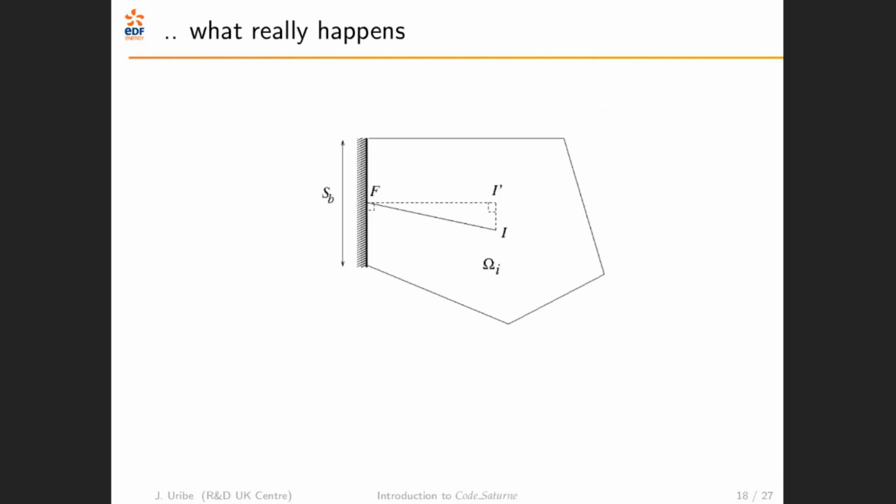Okay, so one thing that you need to take into account, which is very useful for people that are using their own subroutines and programming, is that the subroutine is a very generic way of dealing with the boundaries.